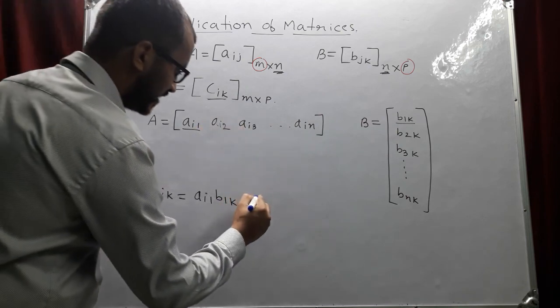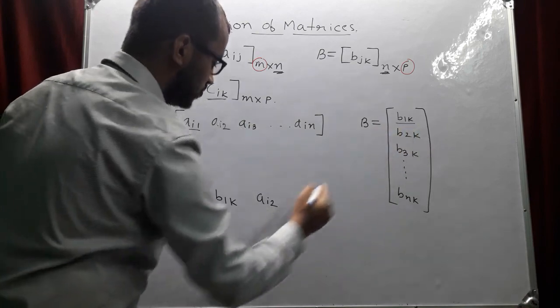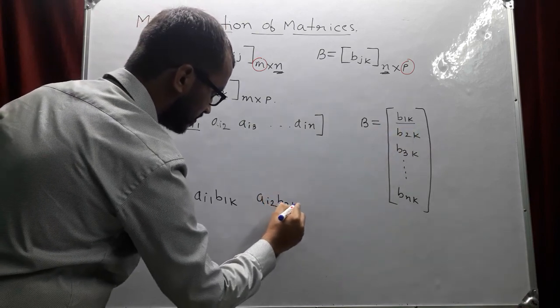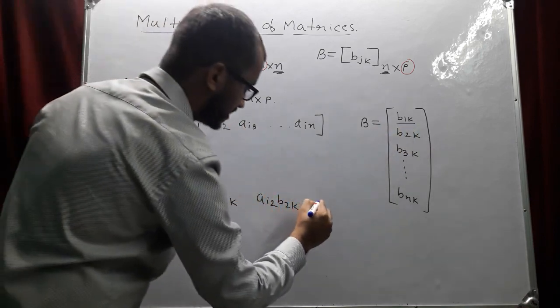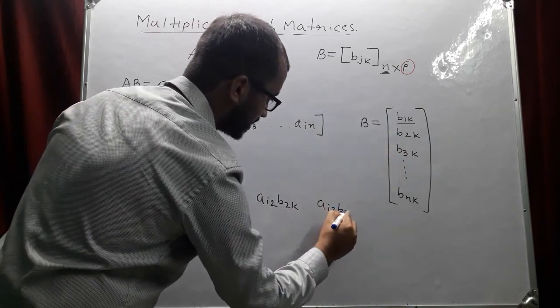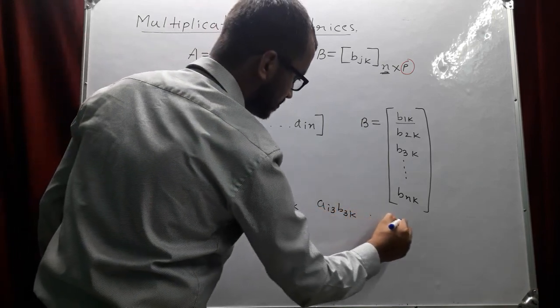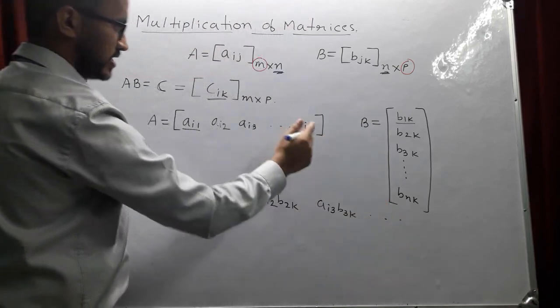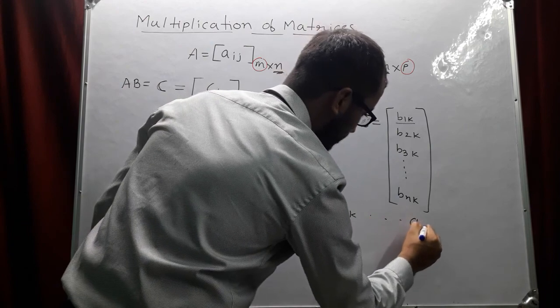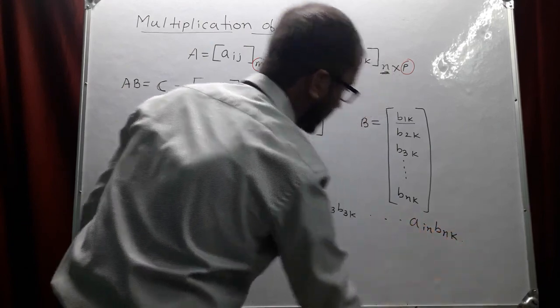Next Ai2 with B2k, next Ai3 with B3k, and so on. Last product, that is Ain with Bnk.